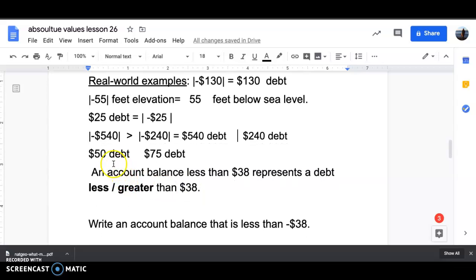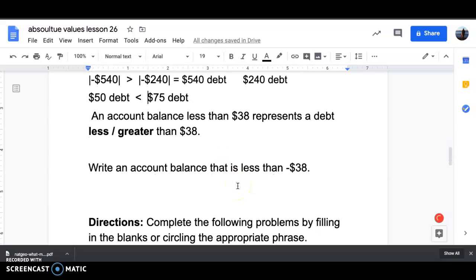Okay, so if you owe $50 debt, is that greater than or less than $75 debt? Well, $75 is more, so that means $50 debt is less than $75 debt. Okay, so now for this one, if we were in class, I would have you write out less or greater than, but for this one, we're just gonna highlight.